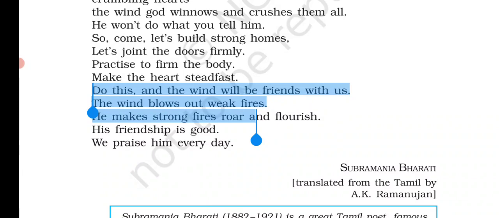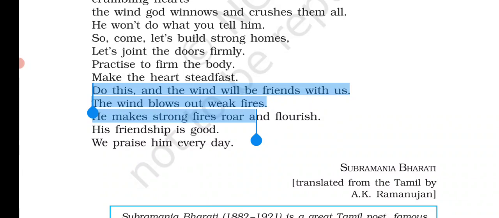Because he means that people who are weak fall down, and they simply get destroyed and beaten up, right?